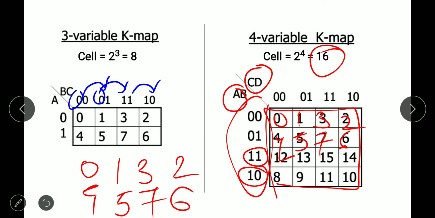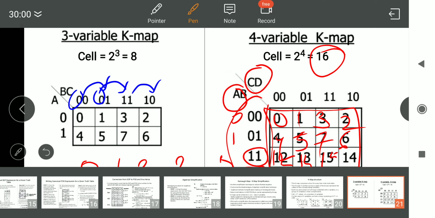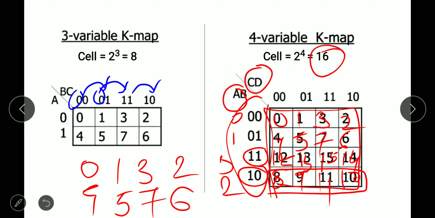So after 0 1 2 3 comes 8 9 10 11 placed here. So after 6 there is 8 9 10 11, and then here 12 13 14 and 15. Okay, this is the table for a 4 variable K map.